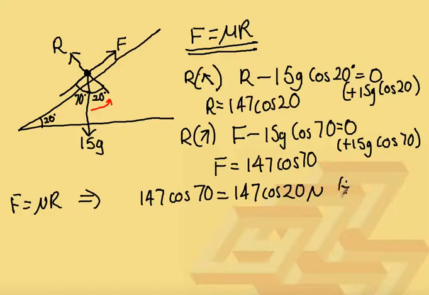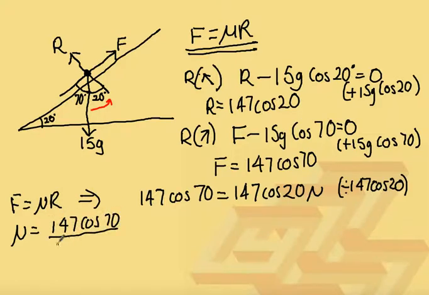So if I divide by the 147 cos 20, what we're left with is mu is equal to 147 cos 70 over 147 cos 20. And so mu, when I work this out, comes out as 0.36, correct to 2 decimal places.